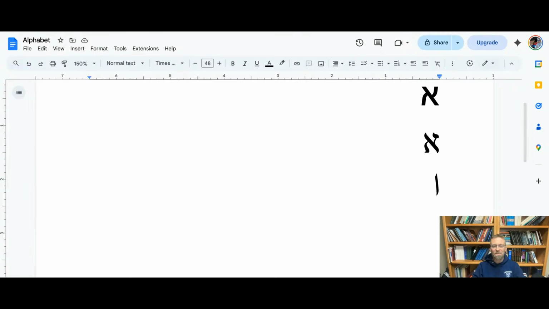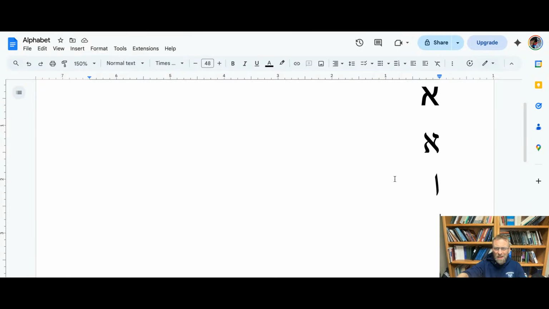When there is a long A vowel, an alif might be used to show that. Let's talk first though about alif as a chair for a consonant.